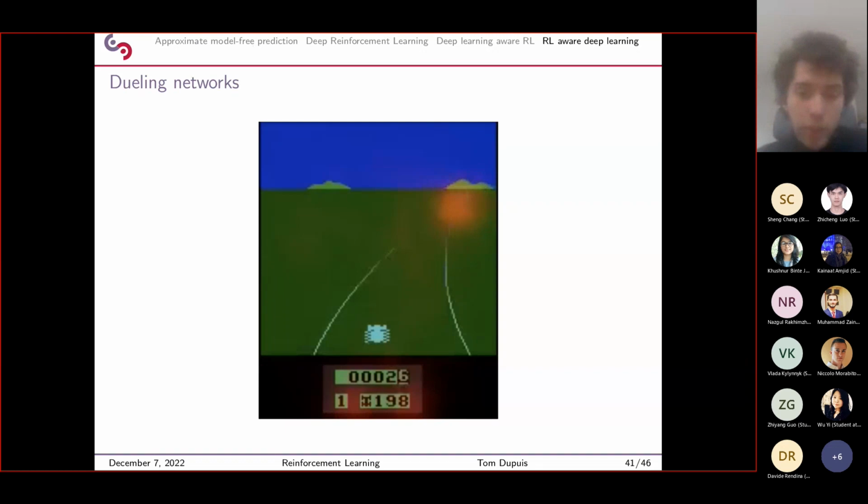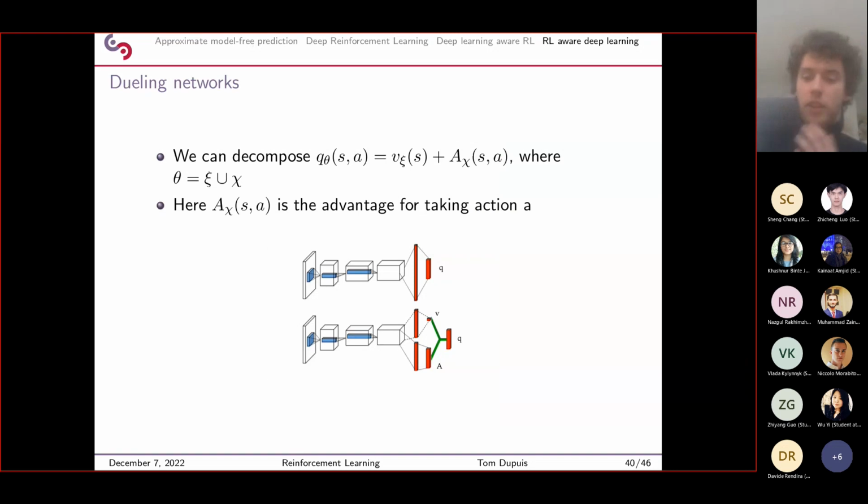Okay, there's an image missing, but just to make you imagine, if this is a driving video game in Atari, and the little orange dots here show which pixels some part of the network pays attention to, kind of like the receptive field of a CNN.